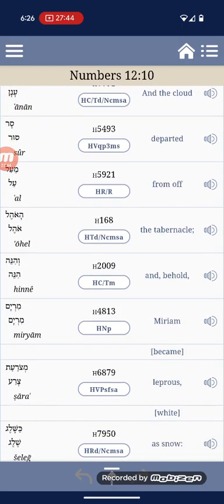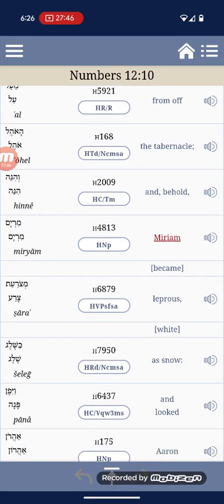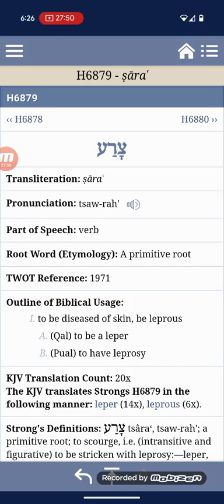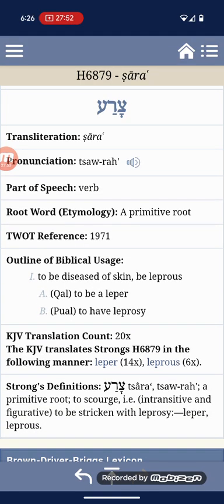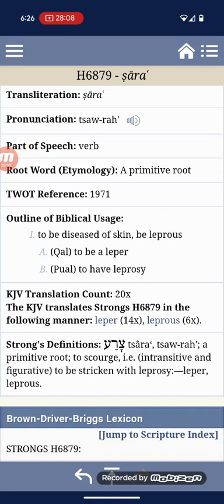And I think I'm going to Google it also. And it is H6879. And I'll give you a pronunciation of it. Strong's H6879. Sarah. All right. And it says, to be diseased of skin, be leprous, to be a leper.